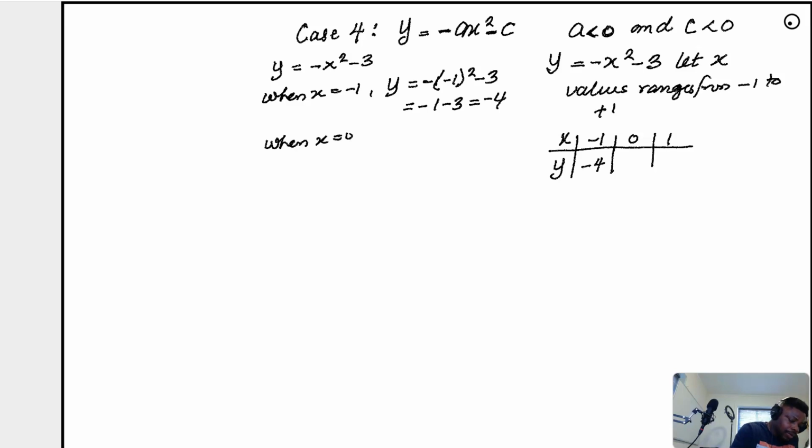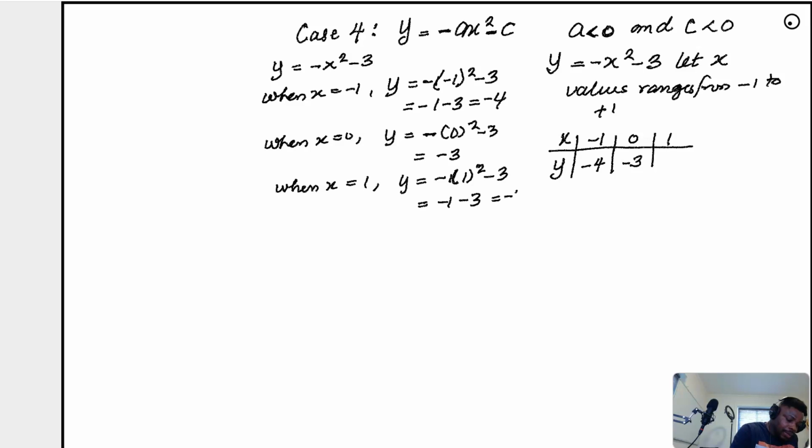When x is equal to 0, this is 0 squared minus 3. So this is -3. Then when x is equal to 1, 1 squared minus 3, -1 minus 3, and that is -4.